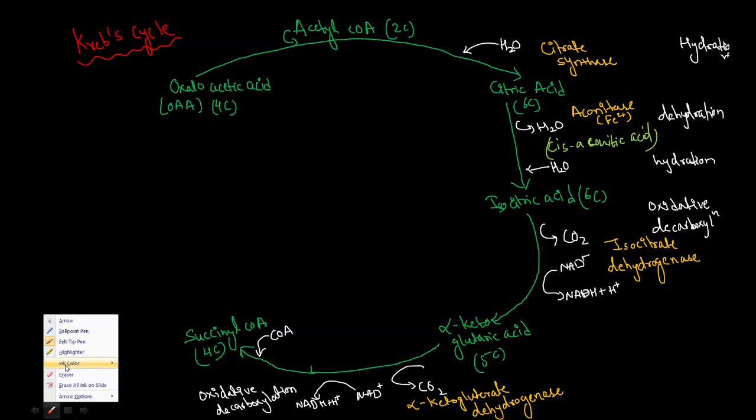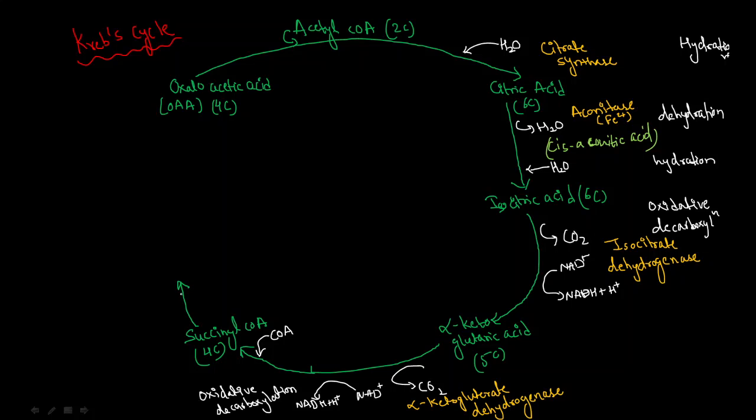Now this succinyl CoA is again going to undergo another set of reaction, that is removal of coenzyme A, plus also there will be elimination of one inorganic phosphate, and this inorganic phosphate is going to be picked up by GDP, that is guanosine diphosphate, and ultimately going to get converted into GTP.